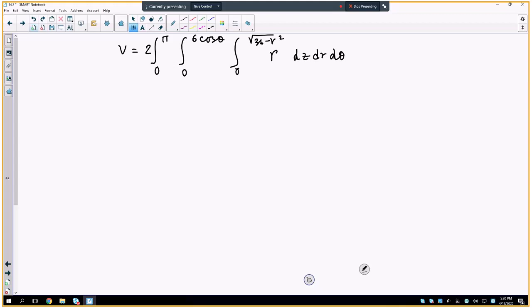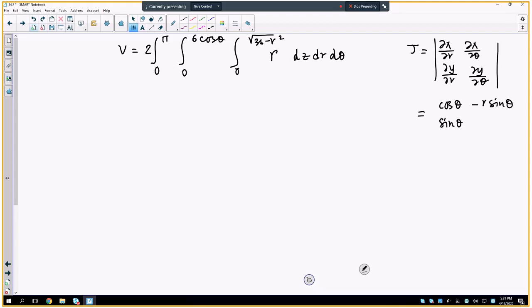Remember, from the transformation, the Jacobian is the determinant of delta x over delta r, delta x over delta theta, delta y over delta r, delta y over delta theta. And what you get out of this, when you differentiate r cosine theta with respect to r, you get cosine theta. R cosine theta with respect to theta, you get minus r sine theta. R sine theta with respect to r, you get sine theta.